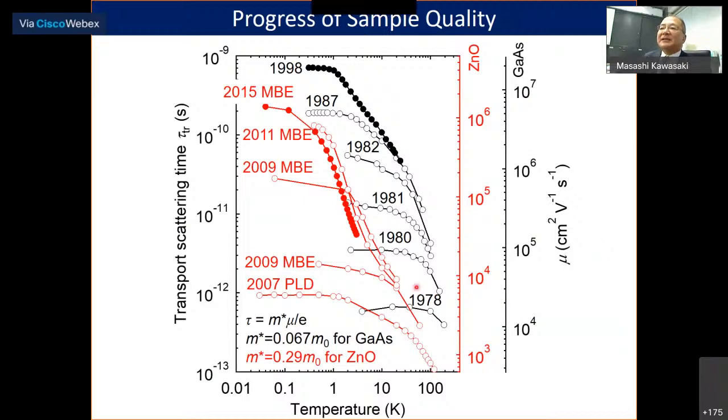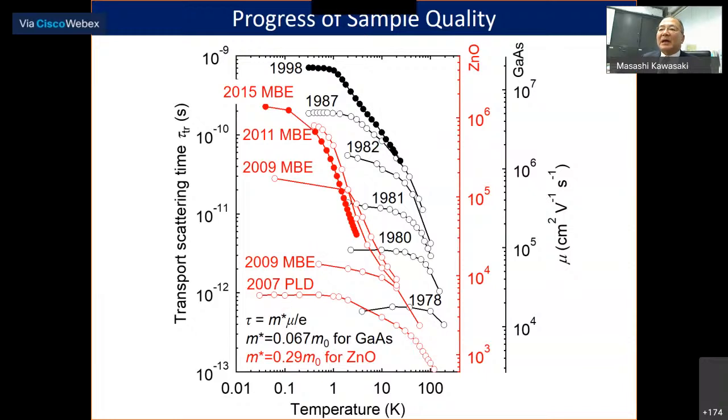This black one is the long history of gallium arsenide. People started to observe enhancement of the mobility or transport scattering time. This is related to the mobility in this equation. And it took them 20 years to push up the mobility to the level where the quantum transport scattering time is about a nanosecond.